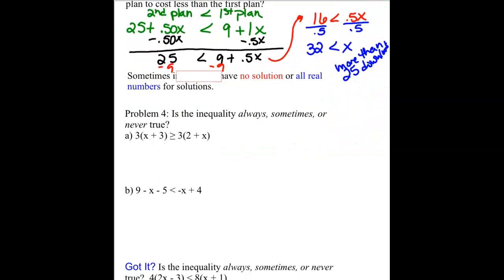Sometimes inequalities have no solution or all real numbers for solutions. So similar to when we solved our equalities, we can run into the question where our variable disappears and we have to look at, do we have a true or false statement?